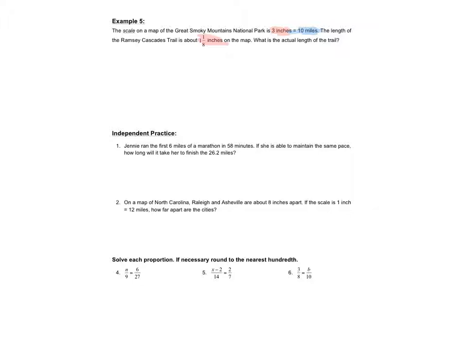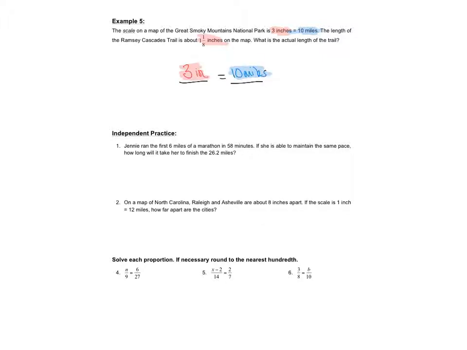So when I write this proportion, I can start with my original equation if I want to. 3 inches equals 10 miles. But if I do that, I want you to notice that the inches was red and the miles was blue.